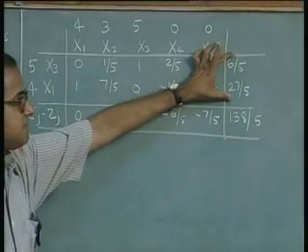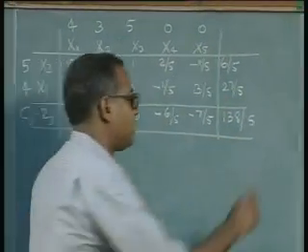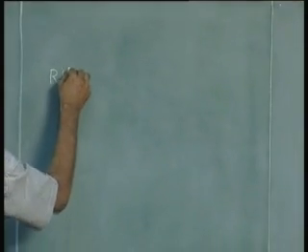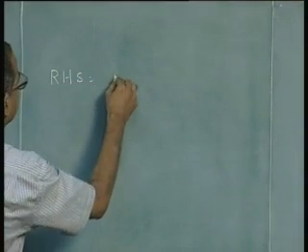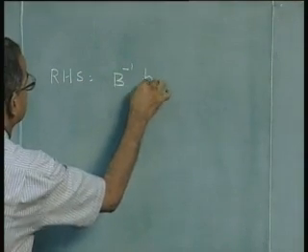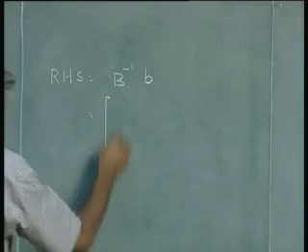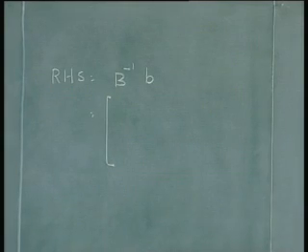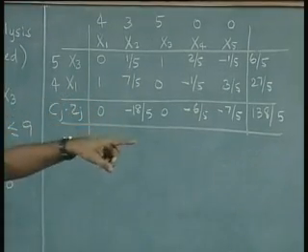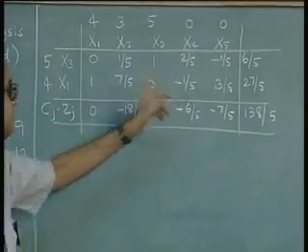So these right hand side values will change. We now know that right hand side value is equal to b inverse b, and we have already seen that corresponding to the basis x3 x1 we can read b inverse directly from the simplex table.